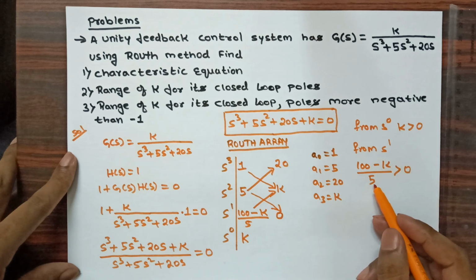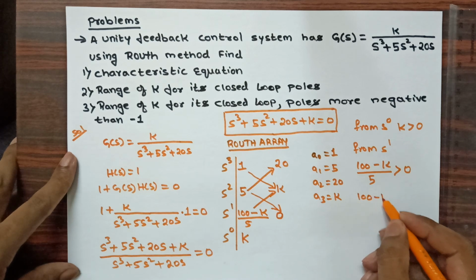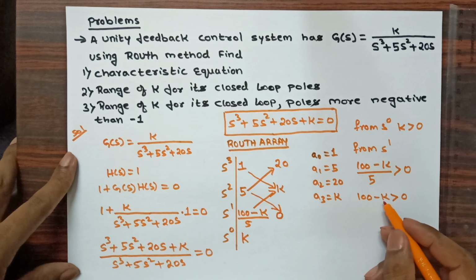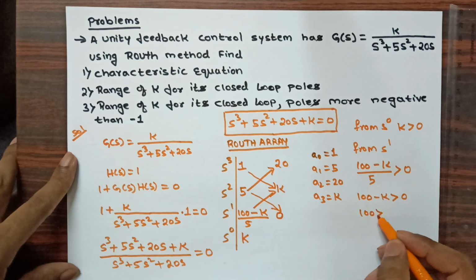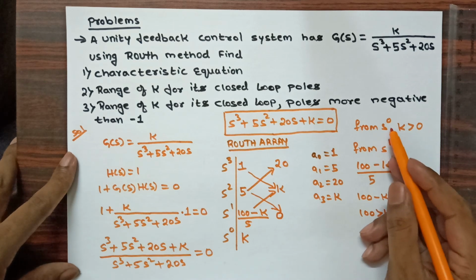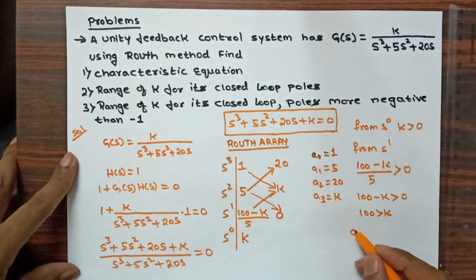Now this 5 goes to the right hand side, becomes 0, so 100 - K greater than 0. Then by taking this K to the right hand side, I get 100 greater than K. Now we know from s^0 we got K greater than 0, and in this case you can see that 100 is greater than K.